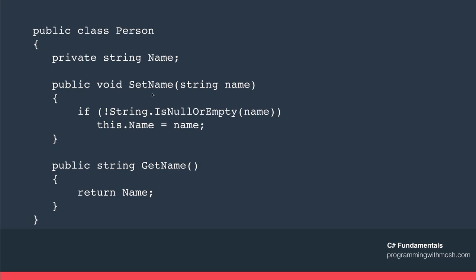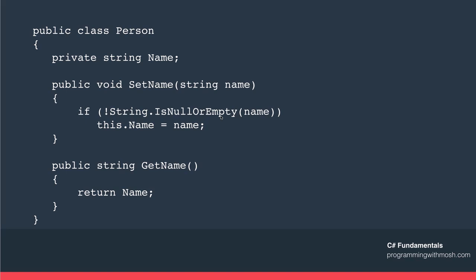The interesting thing about this method is that it does a check before assigning the name field of the person. So if the value that is passed to this method as the argument is null or empty, it's not going to set the name field. And this is one of the advantages of providing setters and getters. We cannot achieve the same thing with a field.